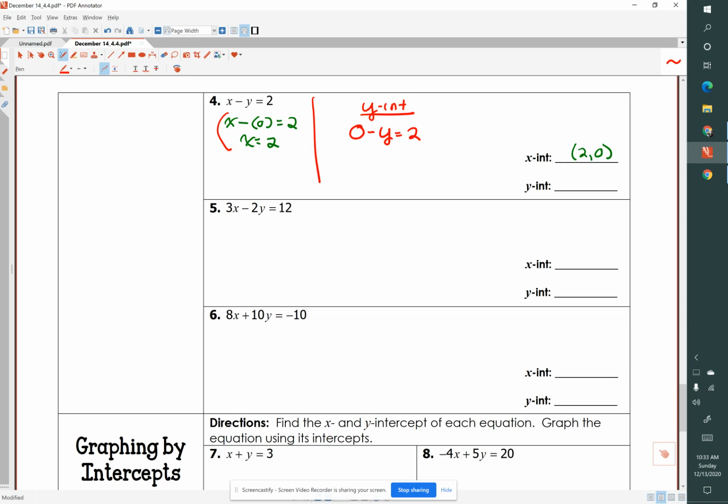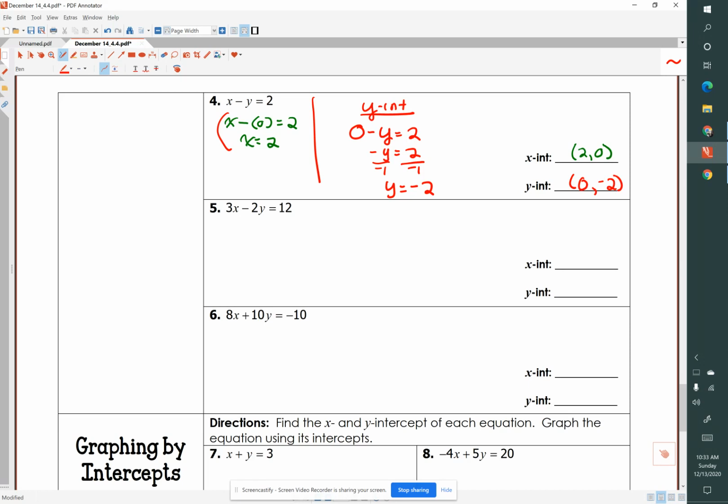You notice I didn't have to put it in slope-intercept form. That's not necessary. So that's negative y equals 2. And if we divide both sides by negative 1, y equals negative 2. So the y-intercept is 0, negative 2.